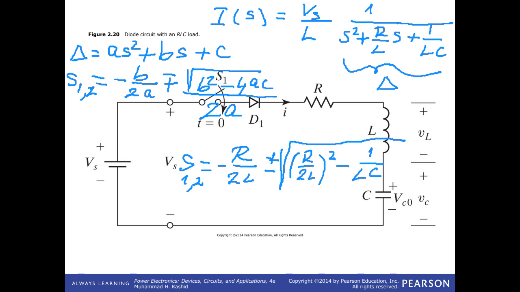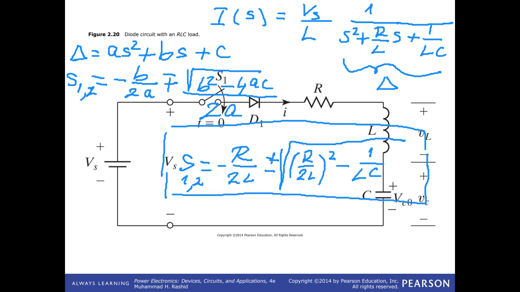So that is the equation, the roots of this one. And so the result S1,2 is equal to minus alpha. Yes Muhammed. Yes, Professor, how did the 4AC become 1 over LC?